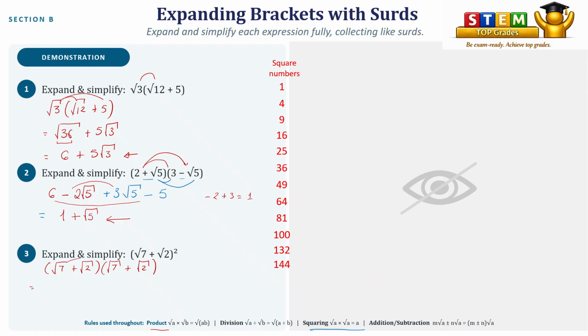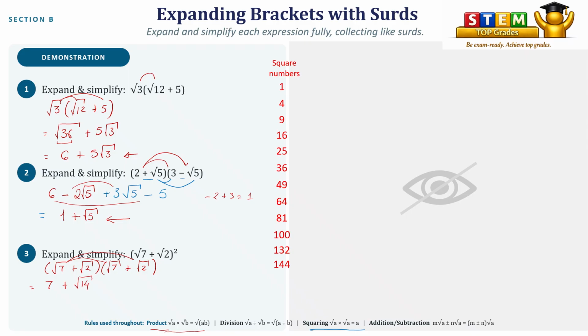We're going to multiply root 7 and root 7 together, and identical surds, so that gives you just a number. Root 7 multiplied by root 2. Now this is the product rule, which we have as the first rule down here. So that's going to be plus, so root 7 times root 2 gives you root 14.